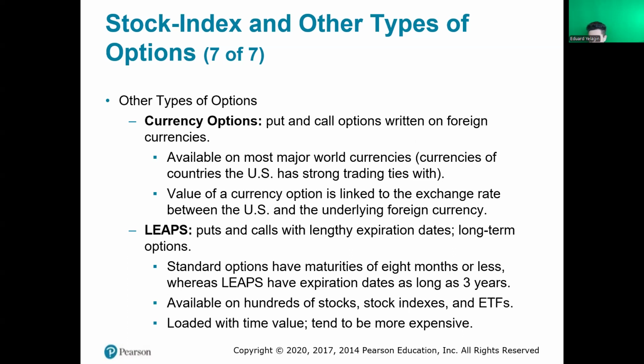This final slide introduces two specialized types of options, currency options and LEAPs, both of which expand how investors can manage risk and time horizons. First, currency options are puts and calls written on major world currencies like the euro, yen, pound, or Canadian dollar. Their value depends on exchange rate movements between the US dollar and the foreign currency.